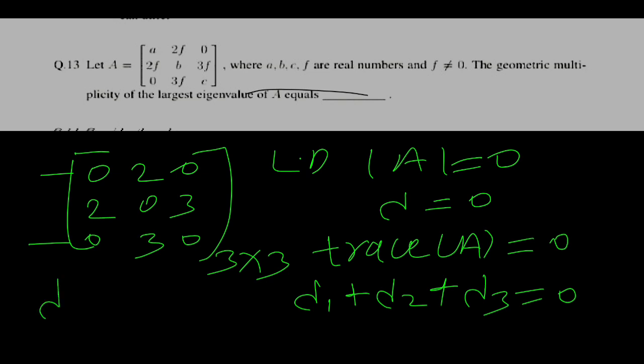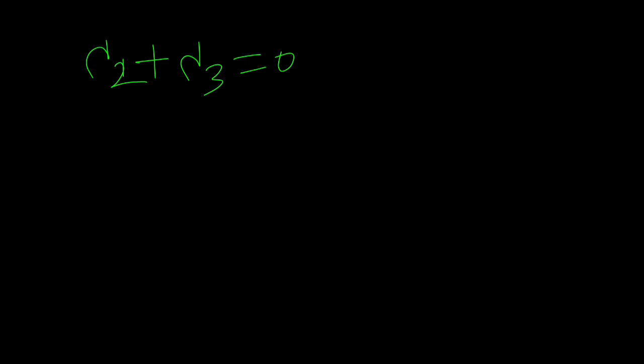So lambda 2 plus lambda 3 equal to 0, then lambda 2 equals minus lambda 3. So one eigenvalue is 0, one is positive and one is negative with the same magnitude.